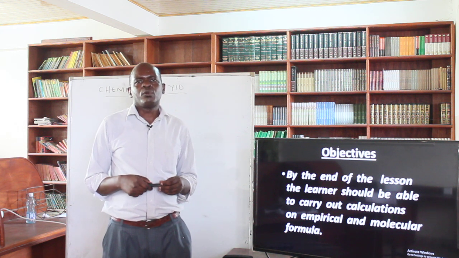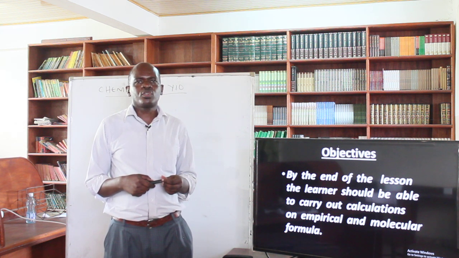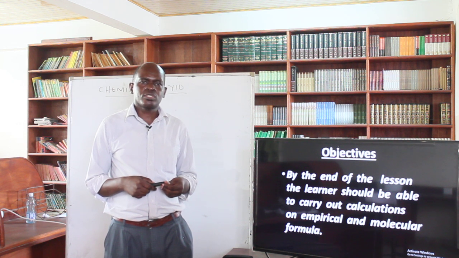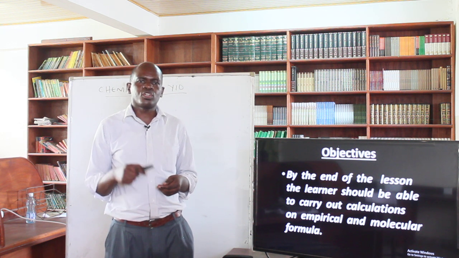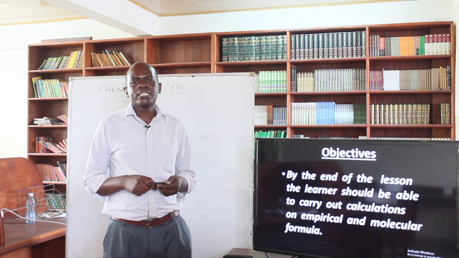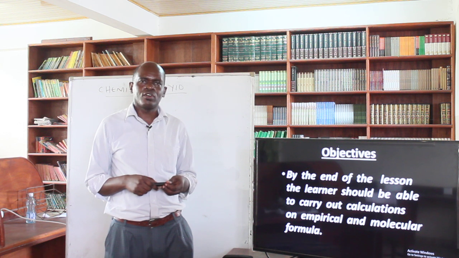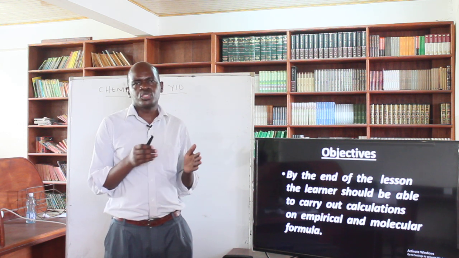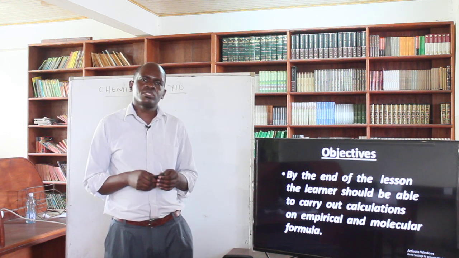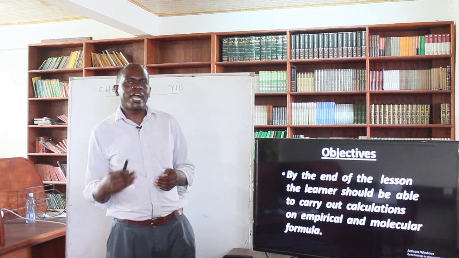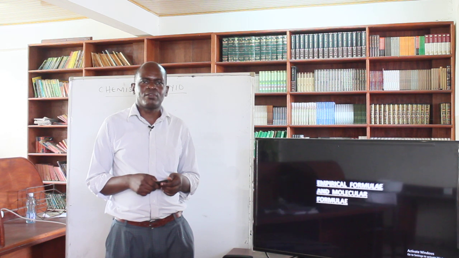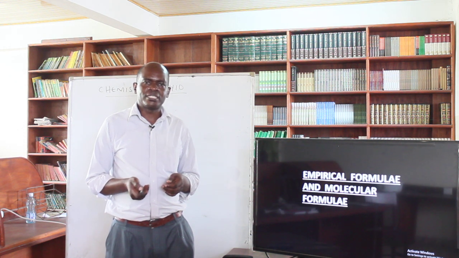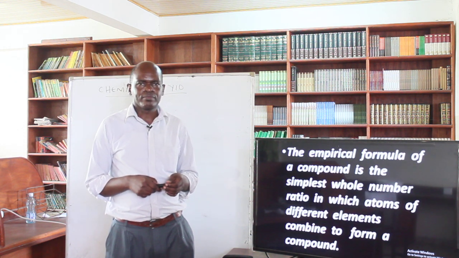Therefore, our objective today for our lesson will be to carry out the calculations that will lead into the formation of what we call the empirical formulae and the molecular formulae of the different compounds. We should be able to carry out the calculations which will end up giving us the empirical formula and the molecular formula of a particular compound.